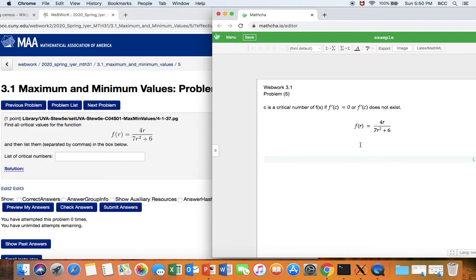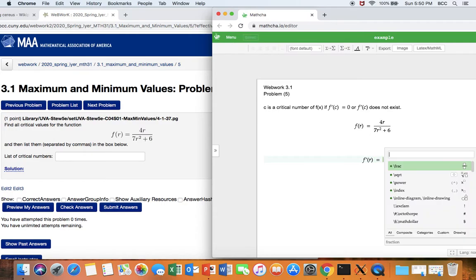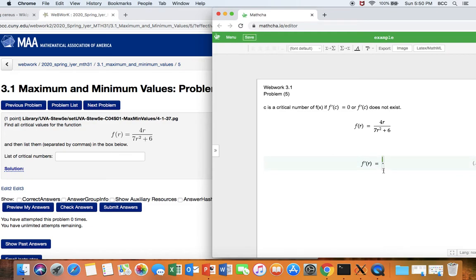Notice this calls for the quotient rule. f prime of r equals, by quotient rule, you have a numerator and a denominator. The denominator is simply the square of the denominator, (7r squared plus 6) to the power 2.